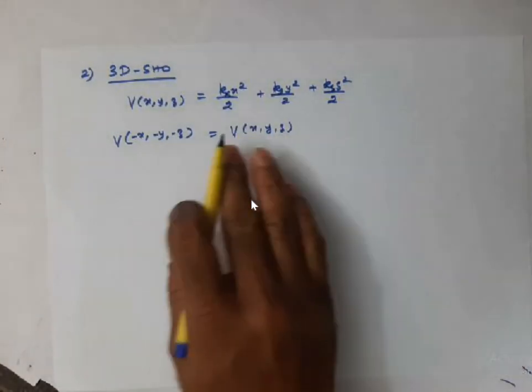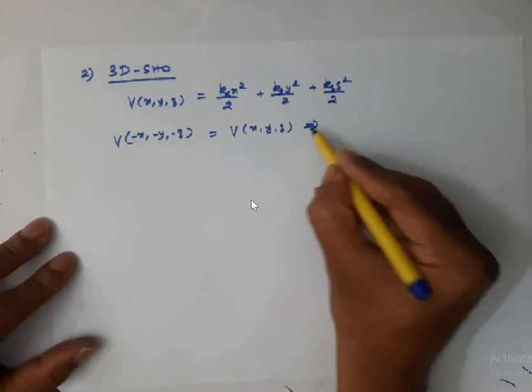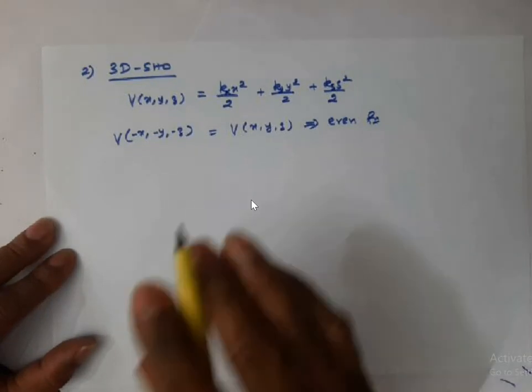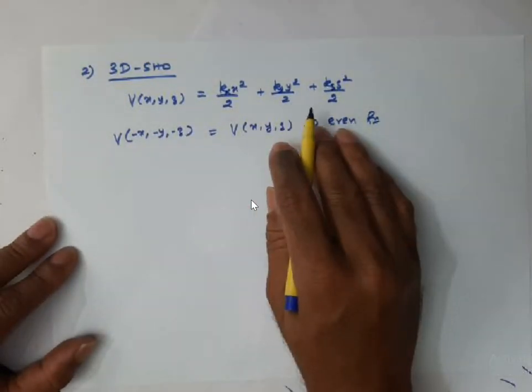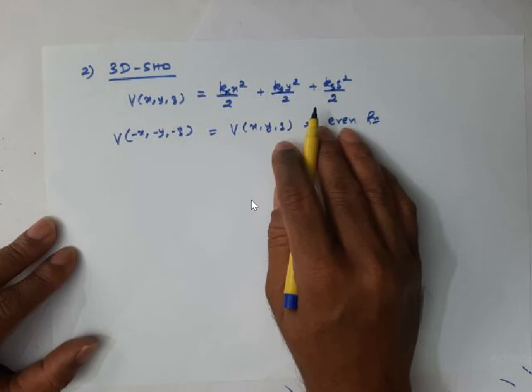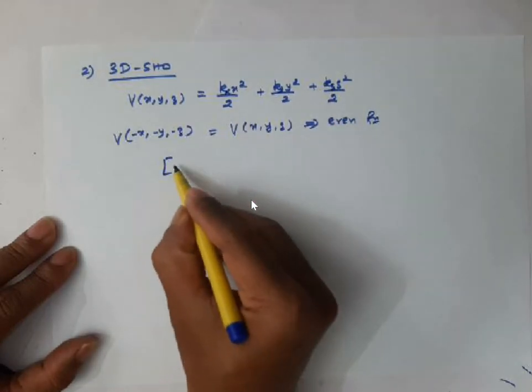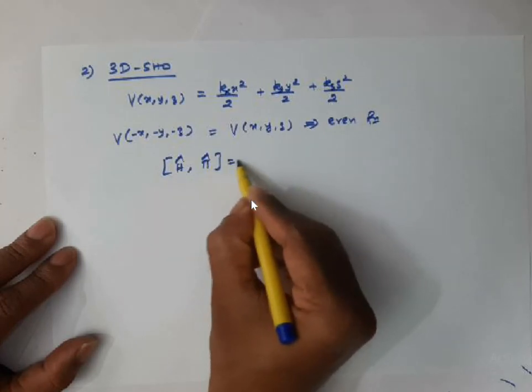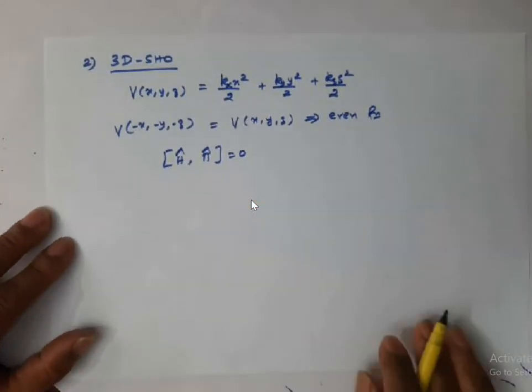So again, the potential energy is an even function, and you know very well, whenever the potential energy is an even function, the parity operator and the Hamiltonian operator commute with each other. They have a common set of eigenfunctions.